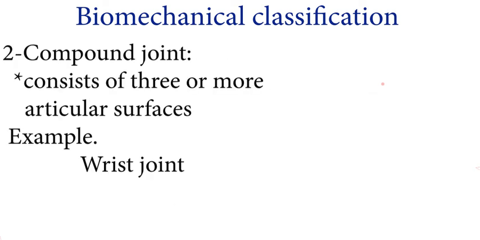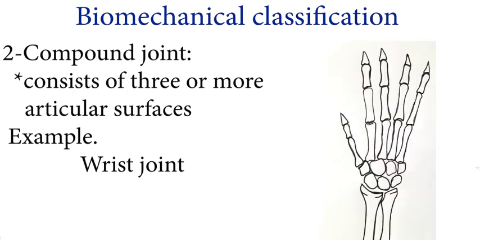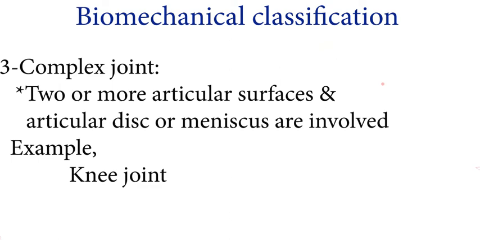Second is compound joint, which consists of more than two articular surfaces. Its example is the wrist joint, which is formed between radius and carpal bones. And third one is complex joint, which is formed between two or more articular surfaces and includes an articular disc or meniscus. Its example is the knee joint.